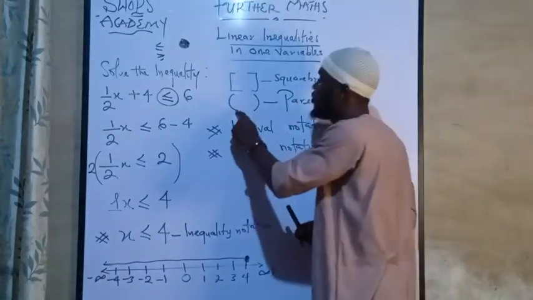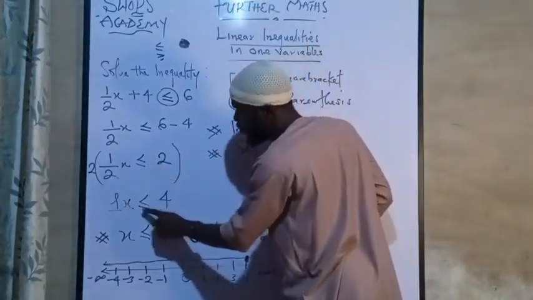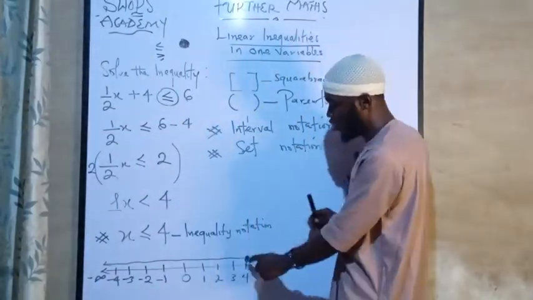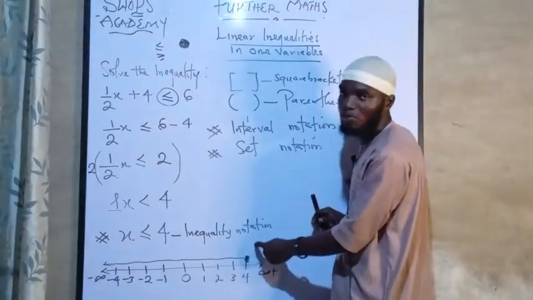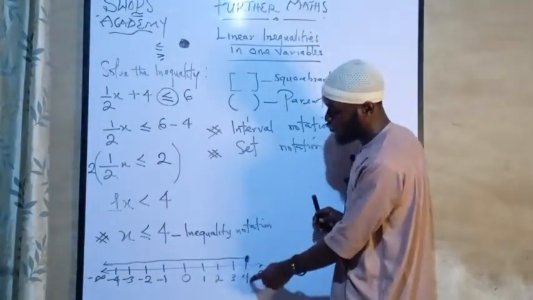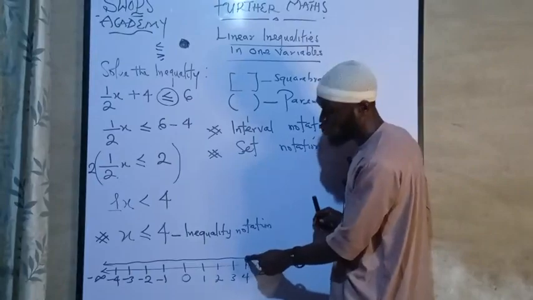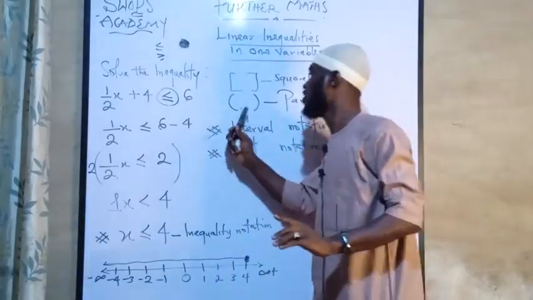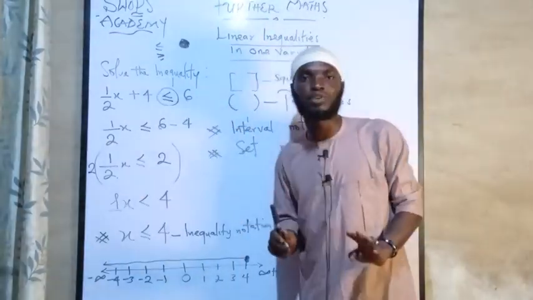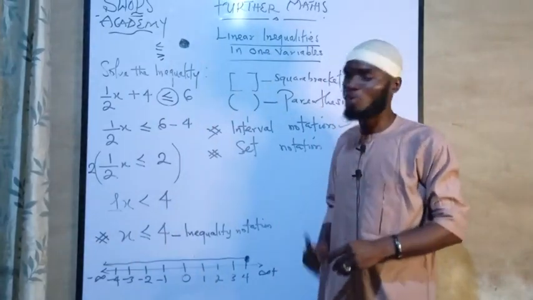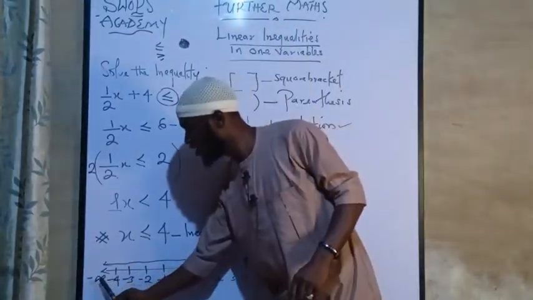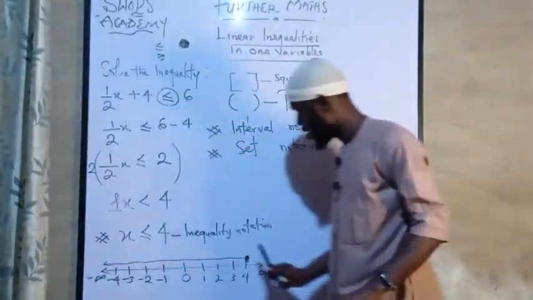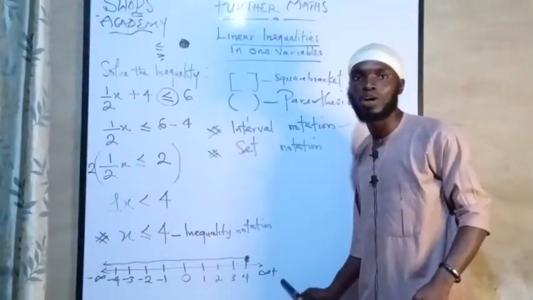And when you are using parentheses, meaning the endpoint, maybe it is less than, you make use of parentheses. When the 4 is part of the answer, it is included; if the 4 is not part of the answer, maybe it is an open circle that we use there, you make use of parentheses. Another thing you use parentheses for is when you are introducing infinity, negative infinity or positive infinity.